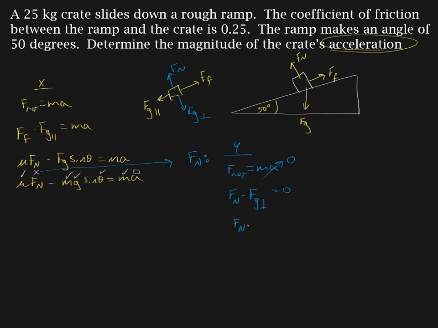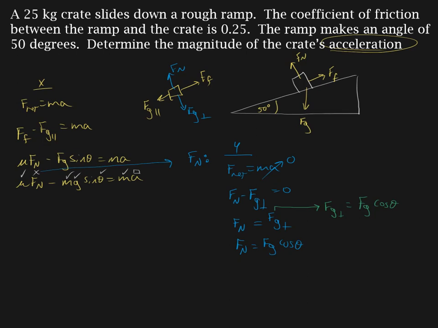Solving for Fn, which is what we need to solve this problem, we get Fn is equal to FG perpendicular. And FG perpendicular is an unknown quantity as stated, but we do know that FG perpendicular is equal to FG times the cosine of theta. So we'll put that back into our equation, and we get Fn is equal to FG cosine of theta.